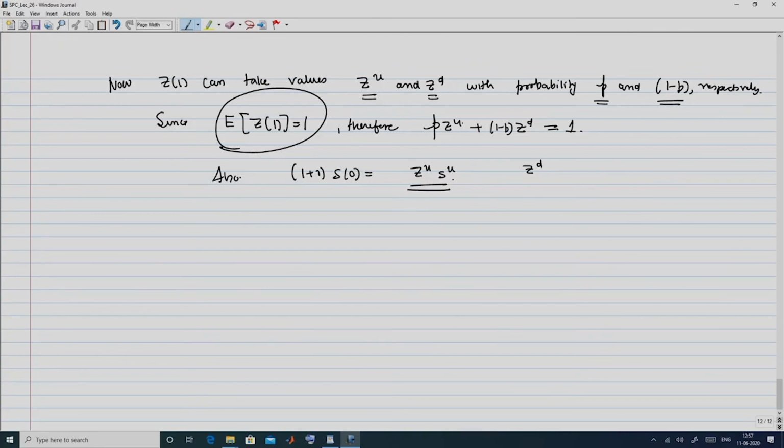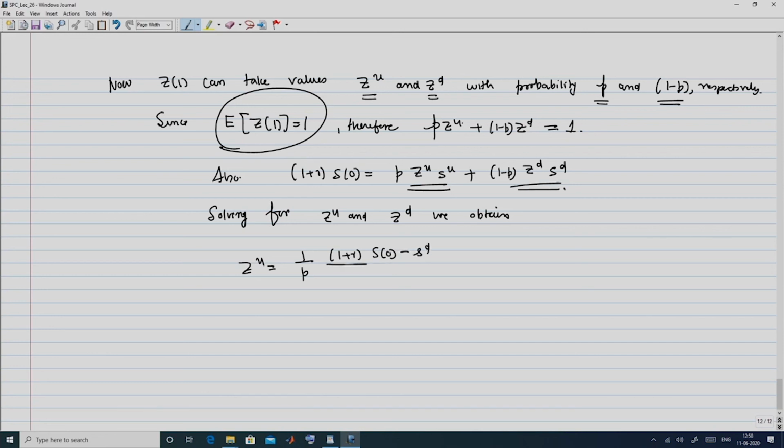So, these are going to be the values of Z1 S1, ZU SU or ZD SD with respective probabilities P and 1 minus P. Solving for ZU and ZD, we obtain that ZU is equal to 1 over P into 1 plus R S0 minus SD over SU minus SD, and ZD is equal to 1 over 1 minus P into SU minus 1 plus R S0 over SU minus SD.